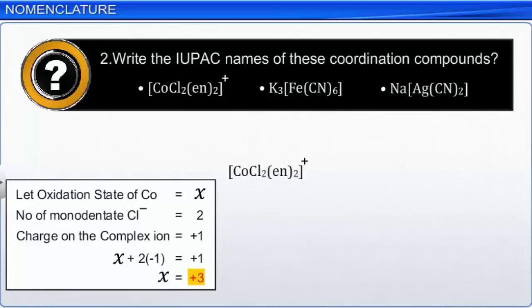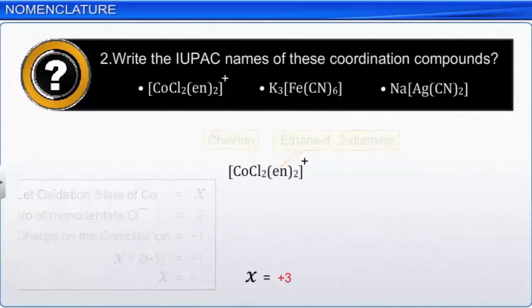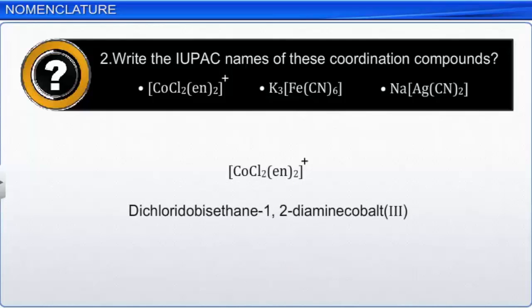The number of chloride and ethane-1,2-diamine ligands is indicated by the prefixes di and bis respectively. Thus, the IUPAC name of the given complex is written as dichlorido bis(ethane-1,2-diamine)cobalt(III). Similarly, the IUPAC names of the other complexes are written as shown here.